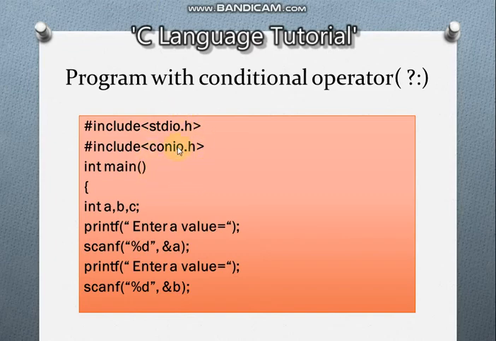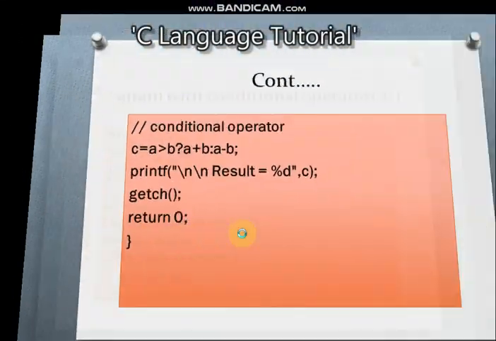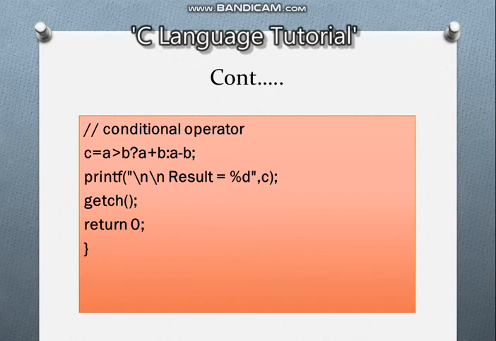Here is the header file, initialize the main function. We have taken 3 variables A, B and C. From the user we will enter 2 values A and B. For example, let's take the value of A as 10 and B as 5.